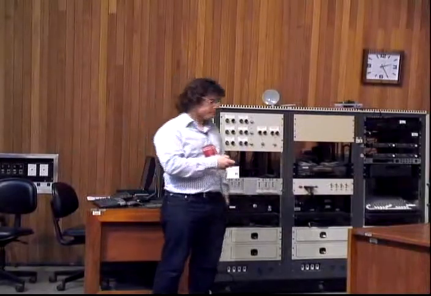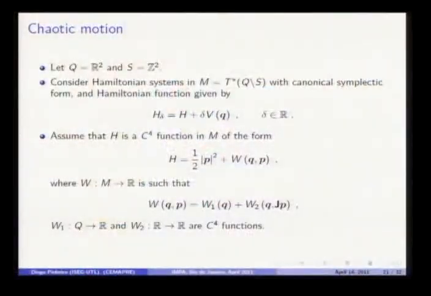So I'll prove that there exists this sequence of quasi-collision orbits. Let's focus on the configuration space. Q is R2, and S, let's take it to be the lattice Z2. We'll look at Hamiltonian systems on the cotangent bundle of Q, R2, except for the lattice, so we remove the singular points.